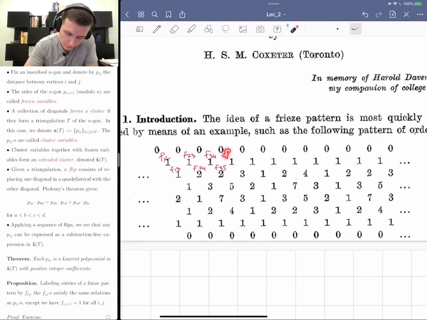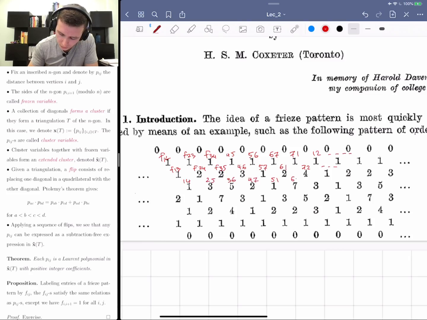F3,4, F4,5, 5,6, 6,7, and then 7,1, 1,2, and etc. So it's just periodic. 3,5, 4,6, 5,7, 6,1, 7,2, and etc. 1,4, 2,5. I hope it's clear what I'm doing. 3,6, 4,7, 5,1, 6,2, 7,3.